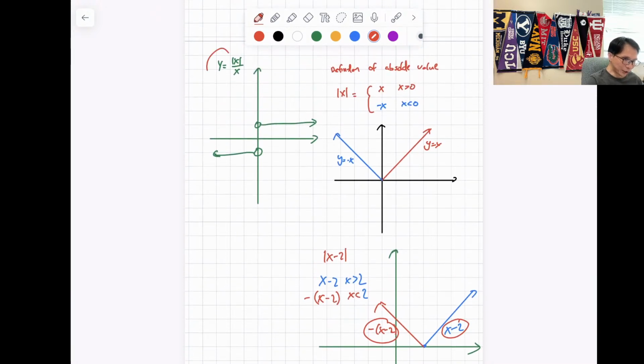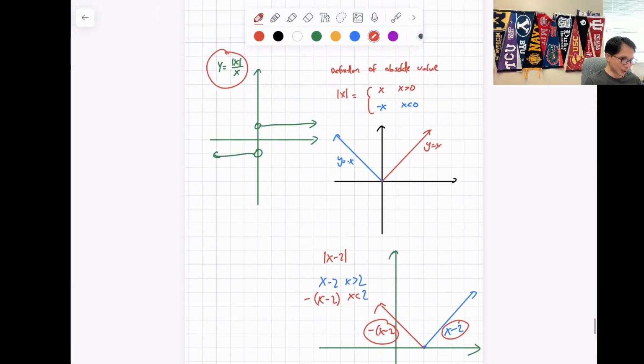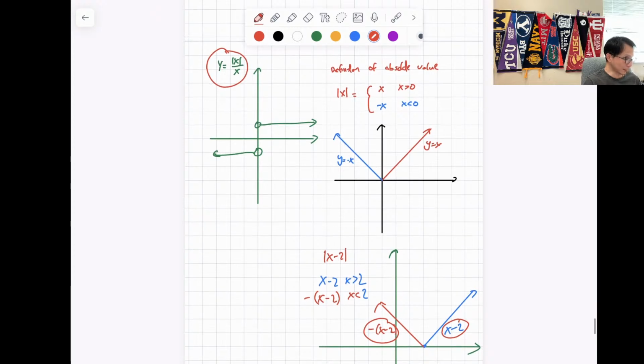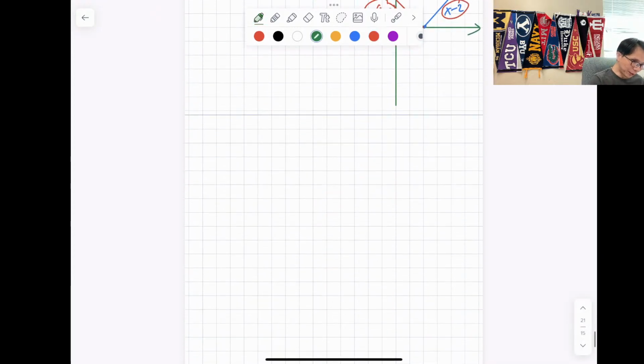Now, how do I know y equals absolute value of x over x is that graph? We're going to show you visually. Because I have y equals absolute value of x over x, I can write this as a piecewise function. If I write this in piecewise function, there are two graphs, right? When x is greater than 0, this is going to be x over x. Does that make sense?